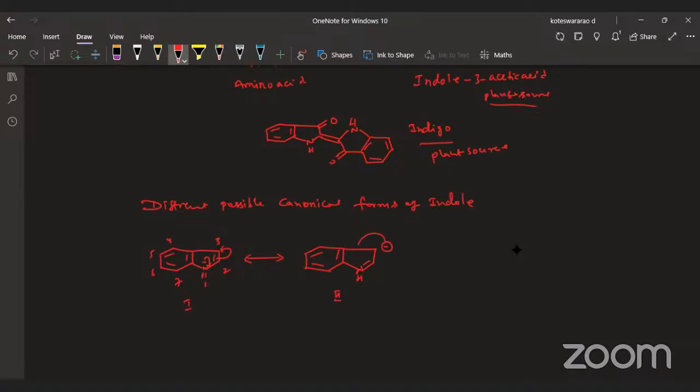Then it will donate to here, and then it leads to this position. Now immediately it moves to this position.